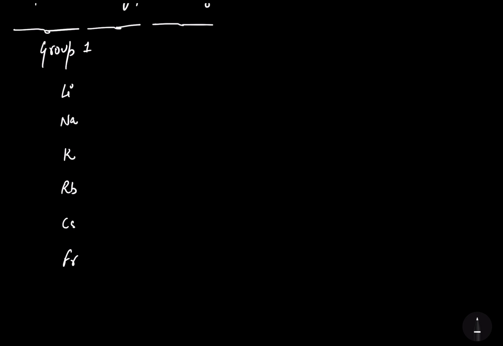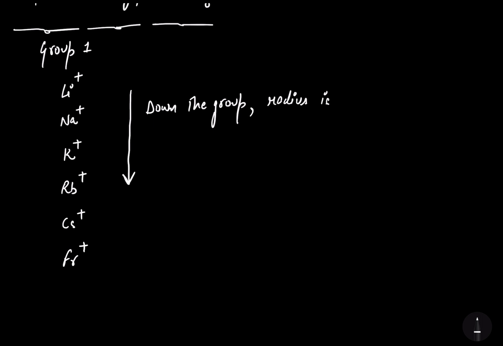We all know that the group number 1 elements always acquire plus 1 charge. So here the charge is constant, but down the group what is happening? Down the group, radius is increasing.